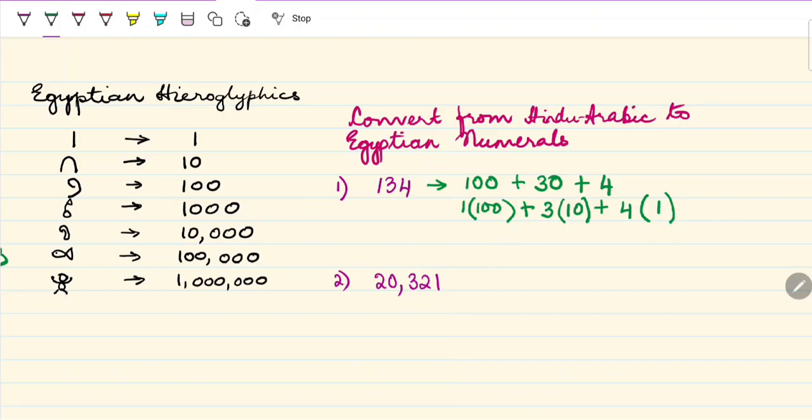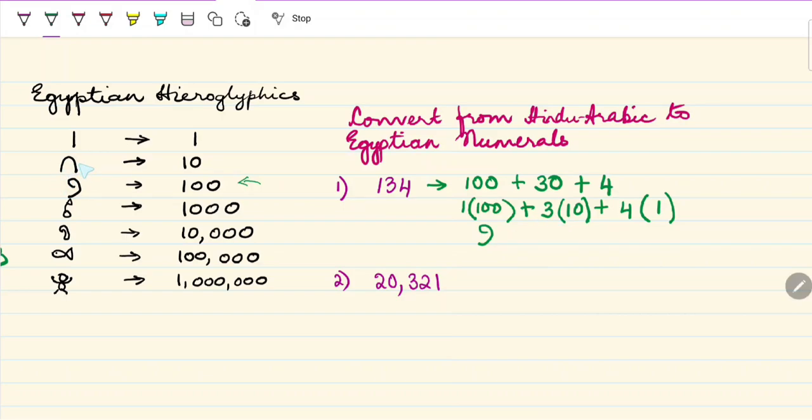All right. So now I'm going to start representing these in terms of these Egyptian symbols. So what is 100 here? 100 has this symbol, which is called a scroll. So we need one of these scrolls. So I'm going to put this scroll, and then we need 3 10s. What is the symbol for 10? This arch here, an arch-shaped figure.